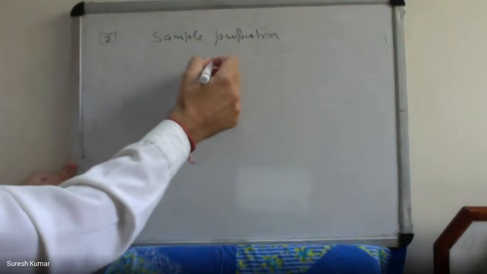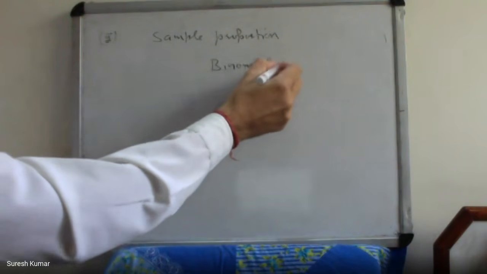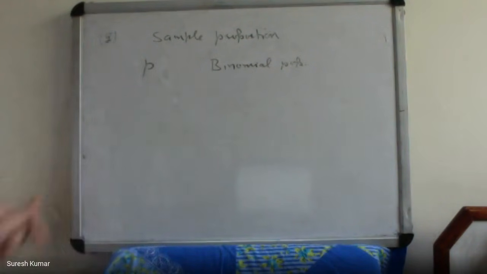Let's say you have a binomial population where the probability of success in each trial is P. You know, binomial distribution is characterized by two parameters, number of trials and probability of success.